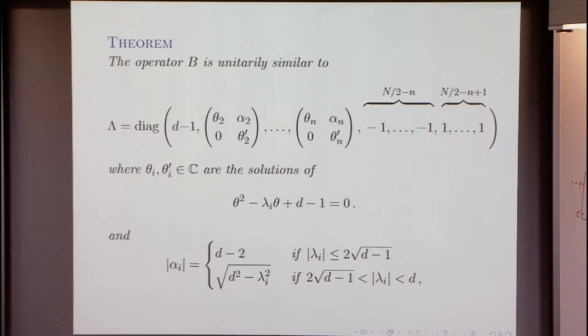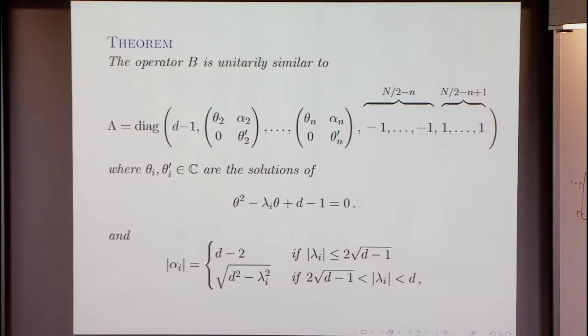Because then for each eigenvalue you solve the quadratic equation, you get a pair, and you have to have this 2x2 structure. The difficulty is that in many cases of interest, in particular the Lubotzky-Phillips-Sarnak case, the eigenvalues come with very high multiplicity. And so it's not obvious that you don't get large blocks in the Jordan form, but in fact you don't. They're all 2x2, and we can identify what this extra term is.